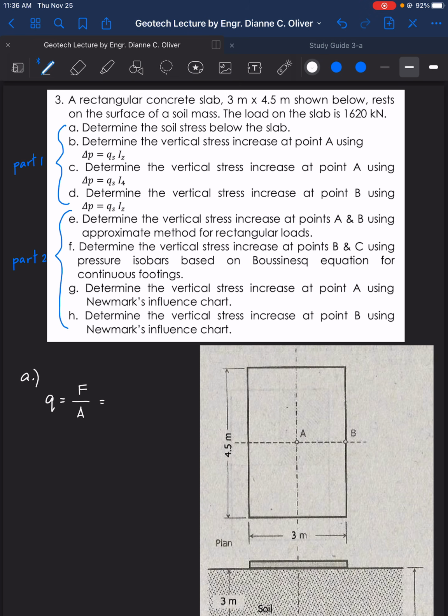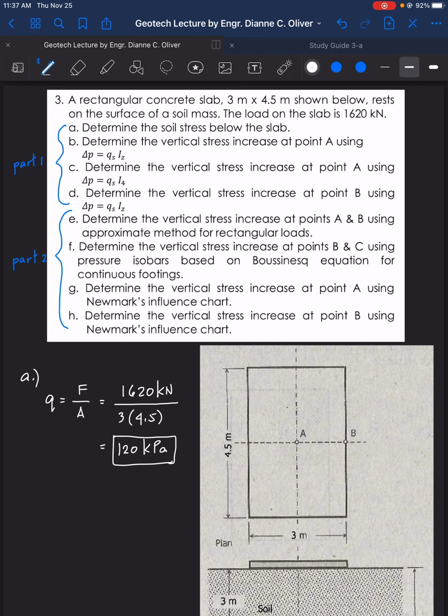So we have 1620 kilonewton divided by the area of this slab, which is 3 times 4.5. So that becomes kilonewton per meter squared. So we have 120 kilopascal. So that's for letter A. Now we're done for letter A.